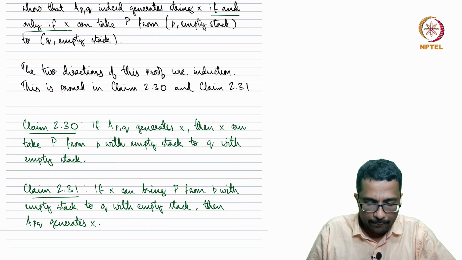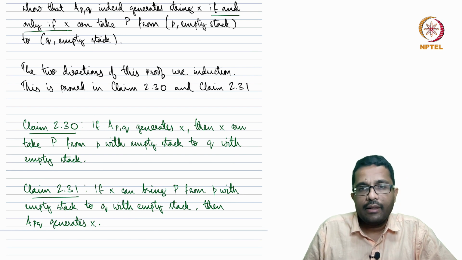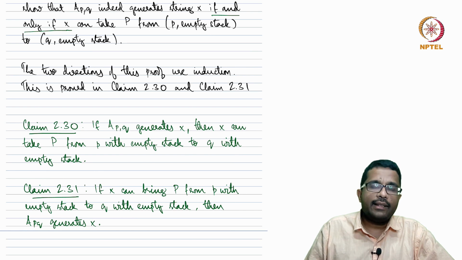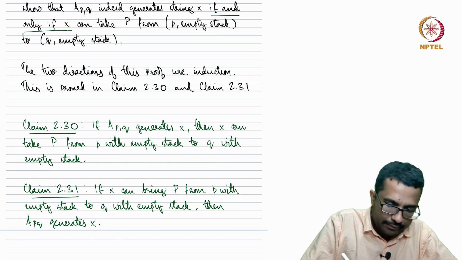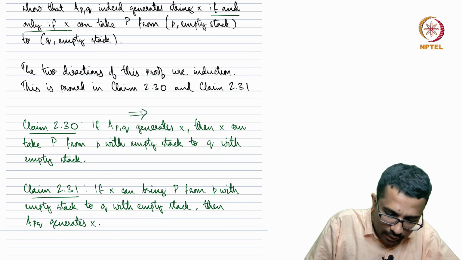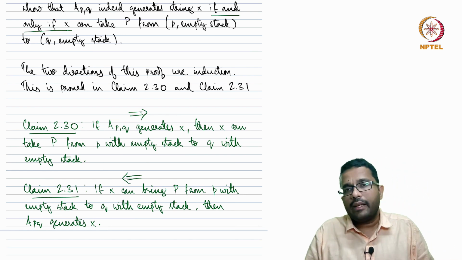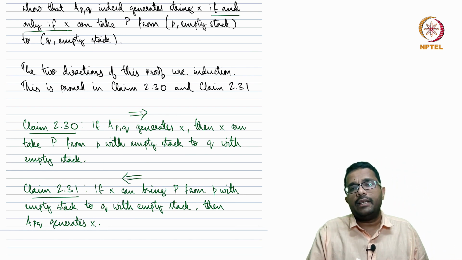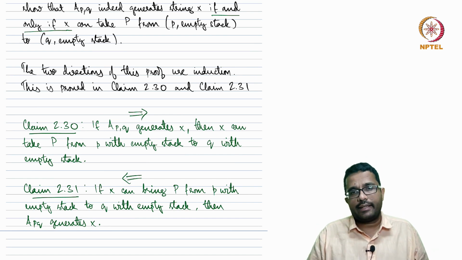The first claim is that if A_PQ generates X, then X can take the PDA from P with an empty stack to Q with an empty stack. This is one direction, and the other direction is that if a string X can take the PDA from P with an empty stack to Q with an empty stack, then A_PQ generates X.